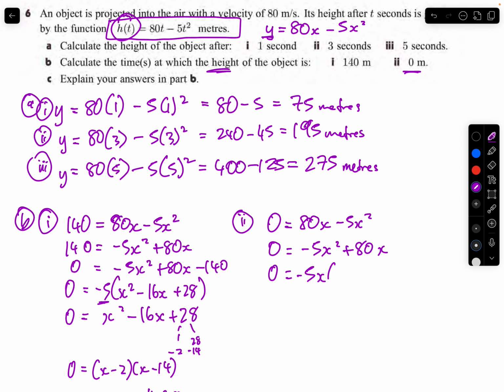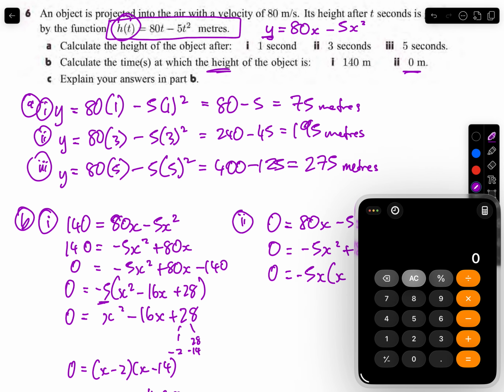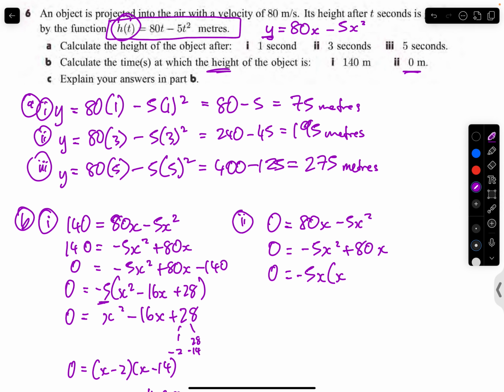Negative 5x, you're going to have x. And what's 80 divided by 5? 16. I've removed negative 5, so it should be negative 16. Why is that? What's negative 5x times by negative 16? Positive 80x.